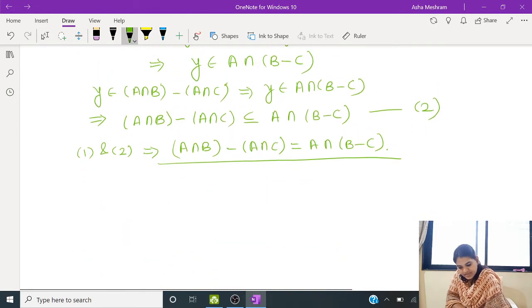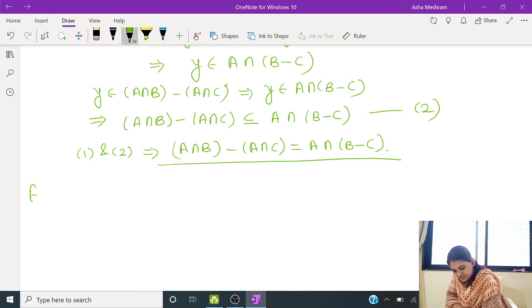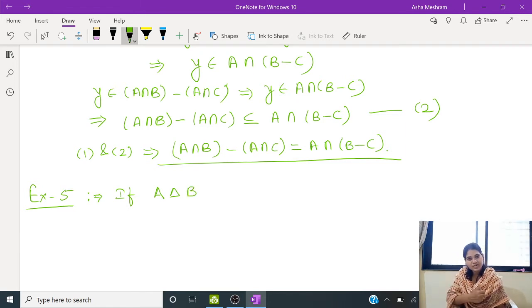Now we take example number 5. What is example number 5? If A symmetric difference B, I already told in my first lecture what is meant by symmetric difference of two sets.